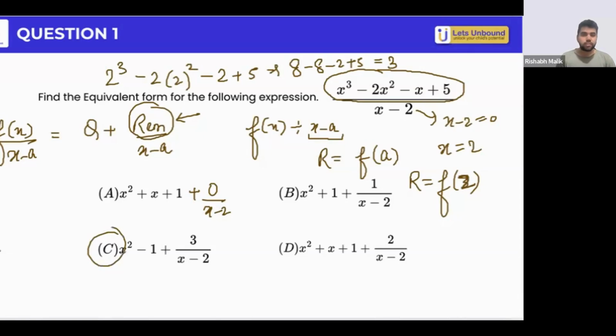I was explaining all this concept here, that's why it took a little longer, but it is way more time efficient than the long division method that usually is taught to solve this question. Remainder theorem is applied in all these kind of questions whenever we are having f(x) divided by a linear expression.